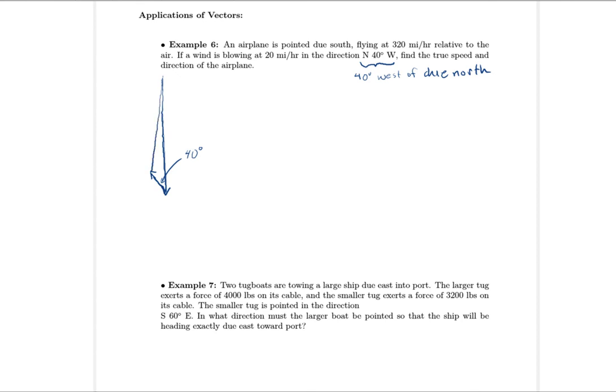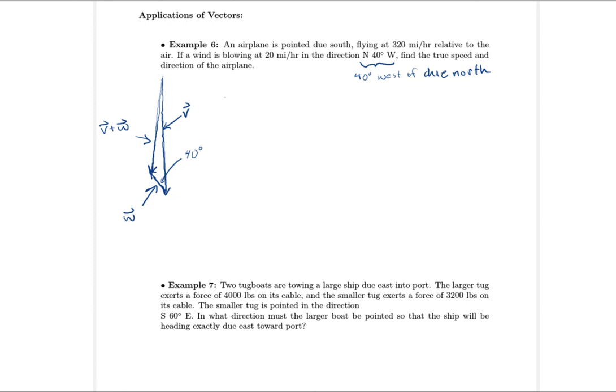The result of this wind is that the speed and direction of this plane are actually going to be a little bit different. So maybe let's call this one V and this one W for wind. Then the true speed and direction of the plane is going to be V plus W. All right, so let's go ahead and write these out.